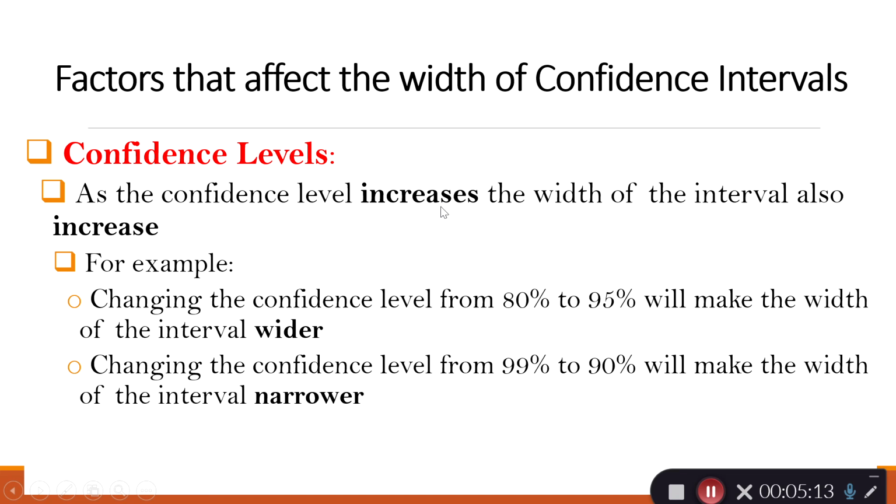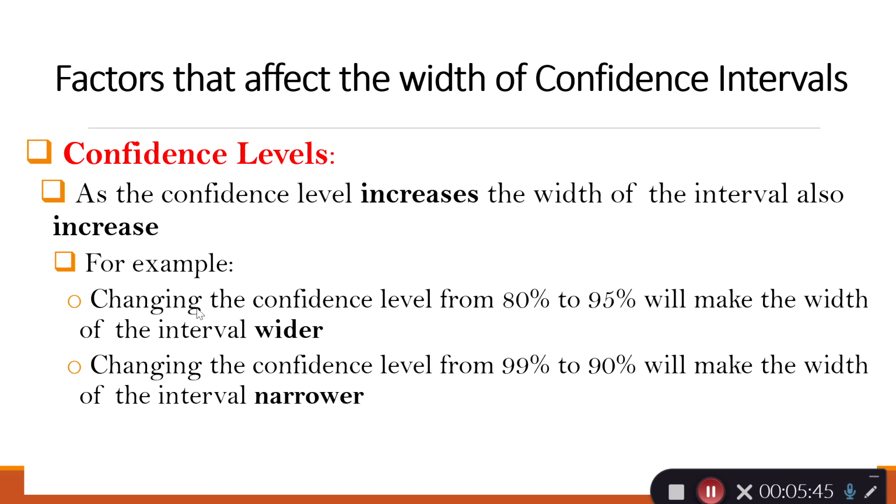So if we change the confidence level, let's assume we construct a confidence interval with an 80% confidence level, and we now recompute that confidence interval with a 95% confidence level, then of course the width of your confidence interval would be wider. So changing the confidence level from 80 to 95% would make the width of the confidence interval wider.